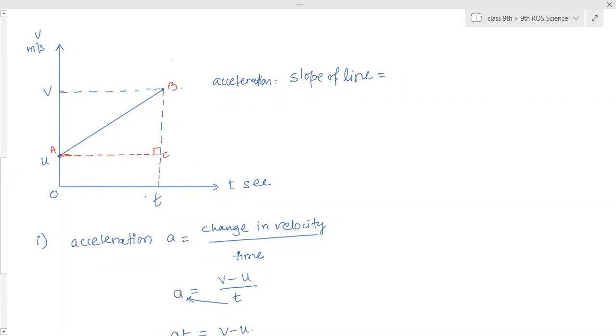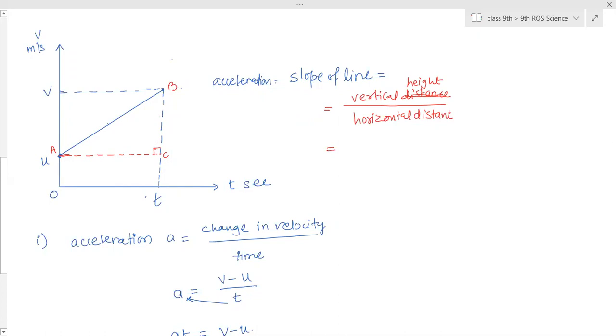This is equal to vertical height by horizontal distance. It is called rise by base. Rise means a vertical height. Instead of vertical distance, it is vertical height divided by horizontal distance. So this is the slope of the line, and from the slope of the line you can calculate the acceleration.